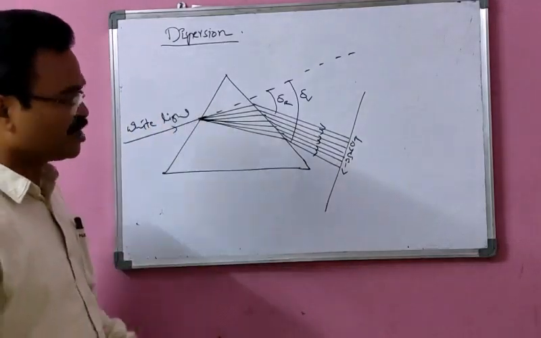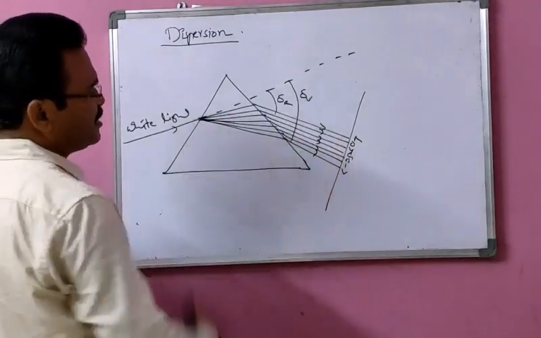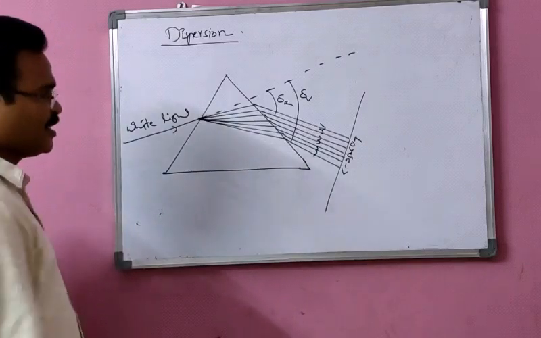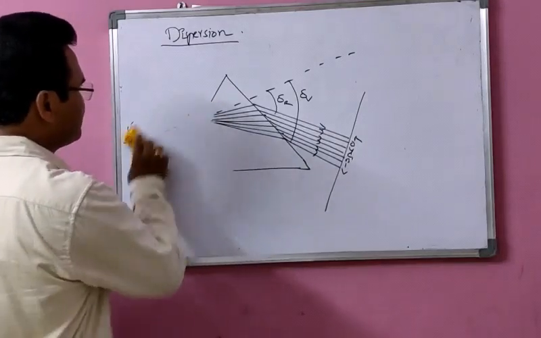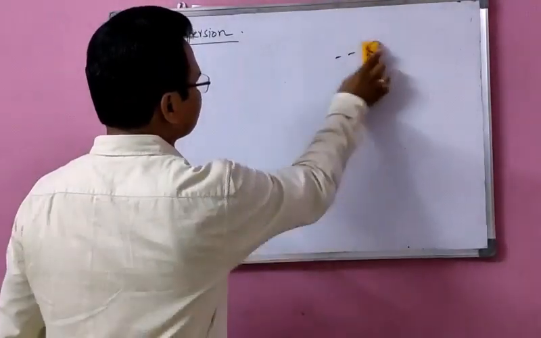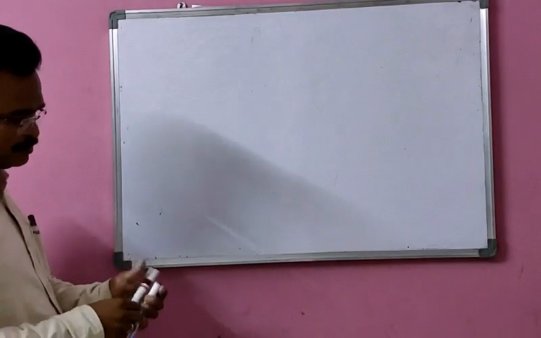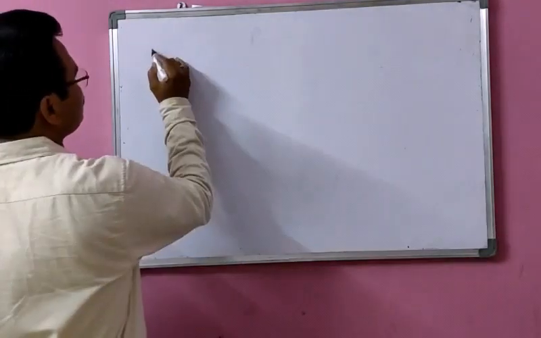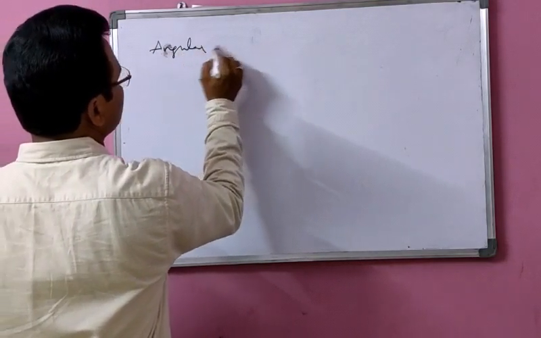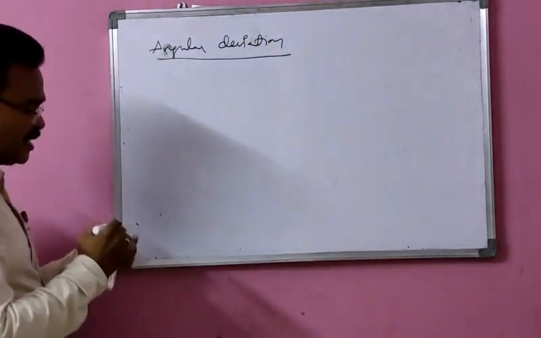Okay, so this is dispersion of light. Then we have, deviation is maximum for violet color and minimum for what? Red color. Then we have another simple concept, that is angular deviation.